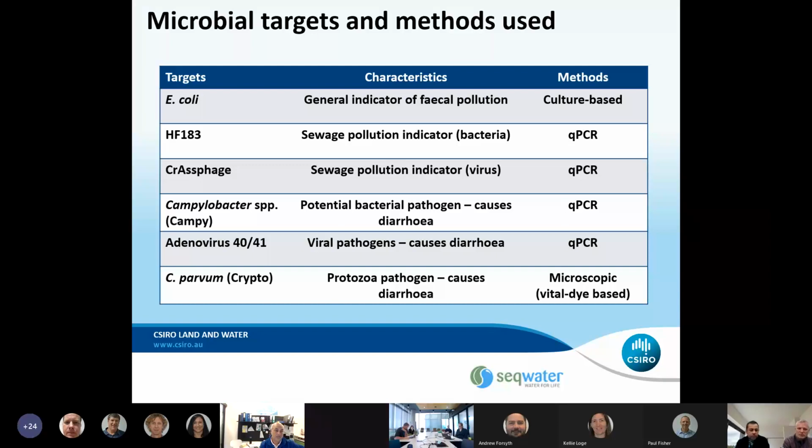For these methods we use qPCR because these marker genes cannot be cultured. And for 3 pathogens, we picked Campylobacter species, which is also called Campy, adenovirus 40 and 41, and Cryptosporidium parvum, which is called Crypto. These pathogens basically cause diarrhea, fever, and abdominal pain in infected humans.